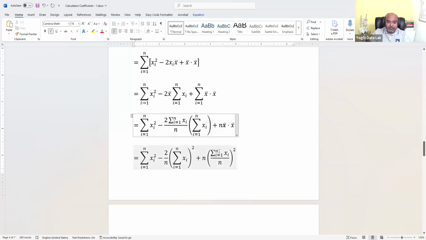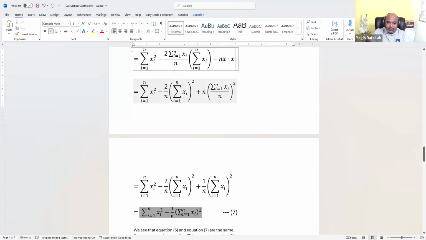If you open x bar, it is summation i equal to 1 to n xi by n. So this whole term will be squared. So what you see, this square, when it opens up, it will become summation i equal to 1 to n xi square. The denominator will be n square and the numerator will be n. So this will cancel out and it becomes 1 by n summation i equal to 1 to n xi whole square. Now this is plus 1 by n, this is minus 2 by n.